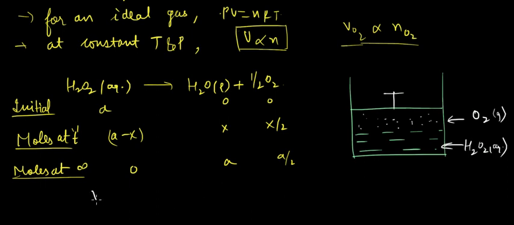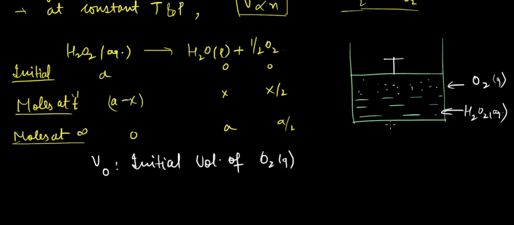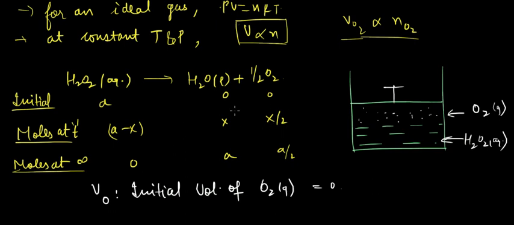Let's start with V0. V0 was the initial volume of O2 gas, which is 0, as can be seen here that initially 0 moles of O2 were present. So if the moles of O2 was 0, then the volume of oxygen was also 0.